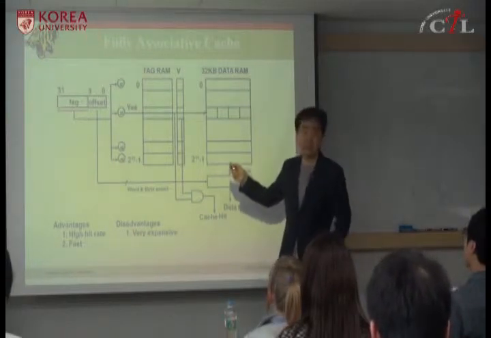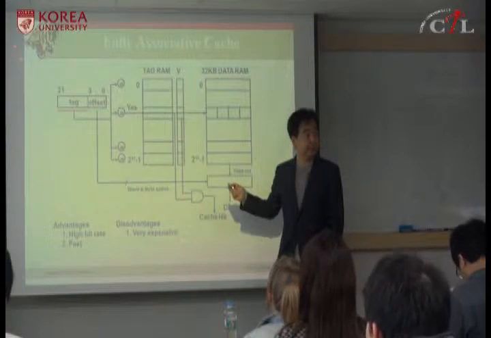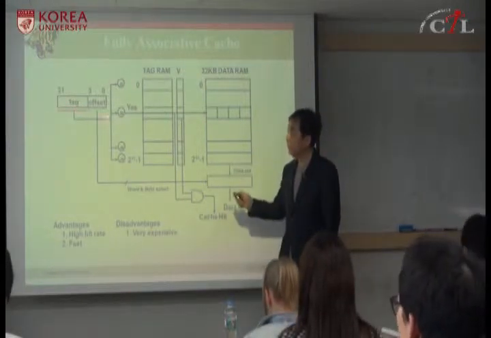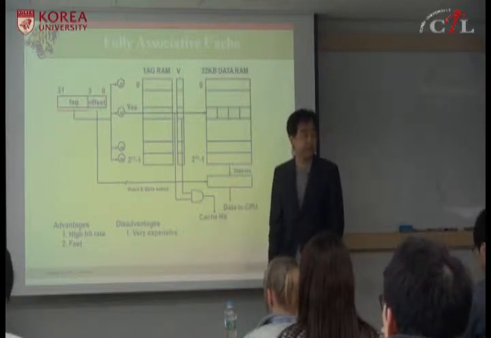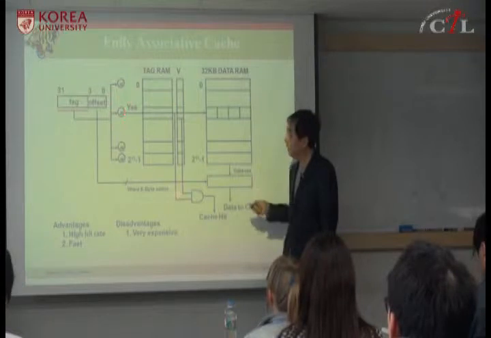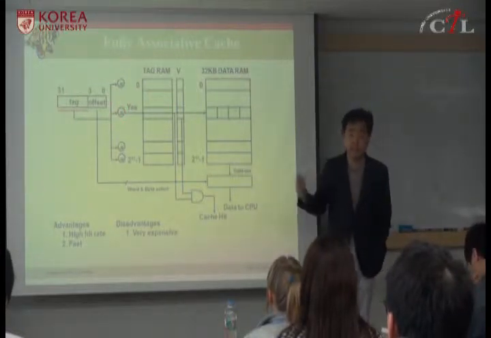Somehow the virtual address is translated into a physical address, and this is given by the pipeline. So using this physical address, or DRAM address, you are trying to identify whether the data I am looking for exists in this cache.